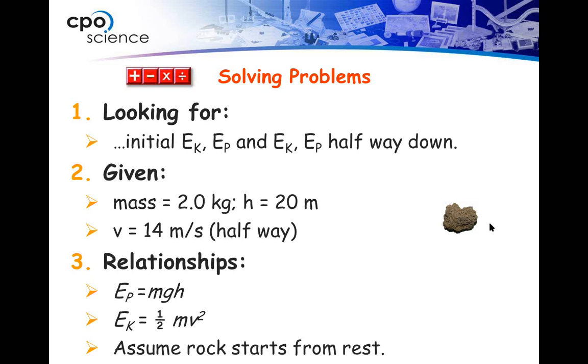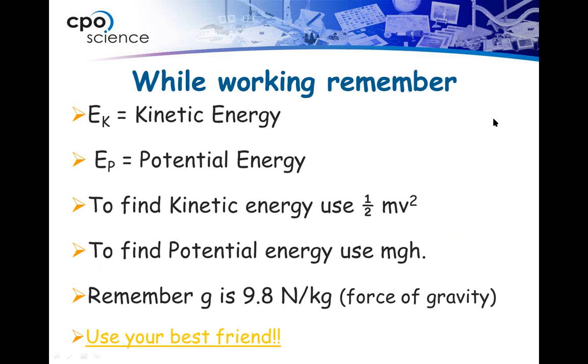First, we're looking for the kinetic energy of the rock at the top of the cliff, and the kinetic energy and potential energy halfway down. Remember, you should be able to use your best friends. Your best friend has the formulas to solve for kinetic and potential energy when you have something that's about halfway down.